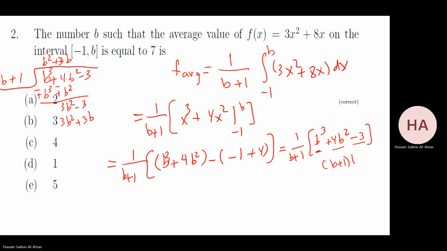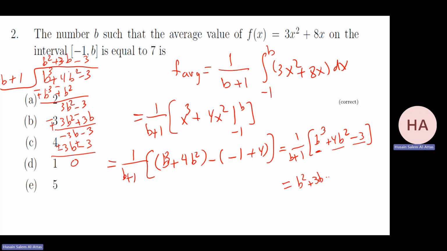So change the signs, I have minus 3B minus 3. Divide, it will be minus 3. Multiply, I have minus 3B minus 3. Change signs, that gives me 0. So if I do long division, I'm getting B squared plus 3B minus 3.